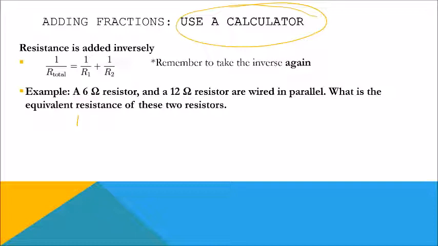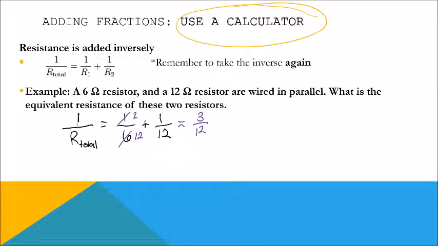When you're adding fractions, you have to have common denominators. So 1 over 6 plus 1 over 12 is not 1 over 18. What you would have to do is turn this into 2 over 12 plus 1 over 12, which would get us the answer of 3 over 12, but that's still not very useful.